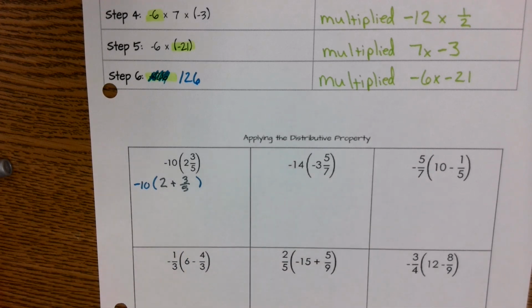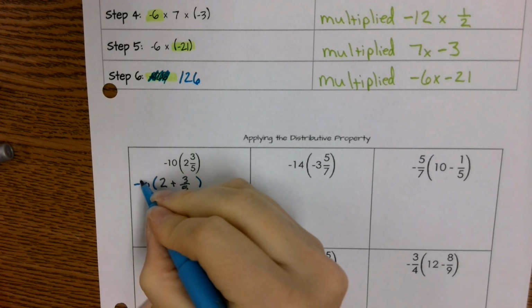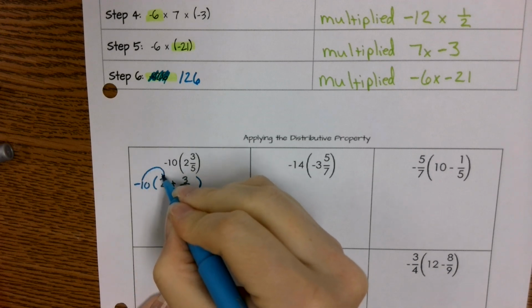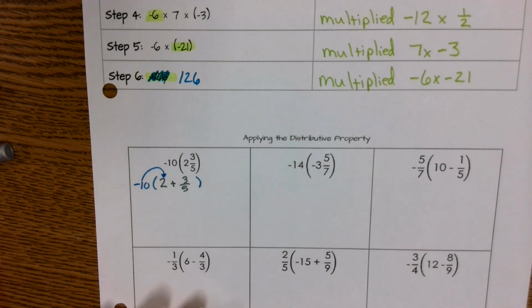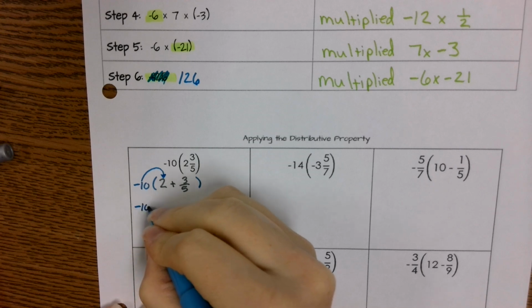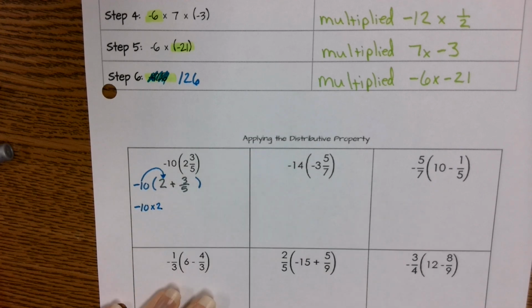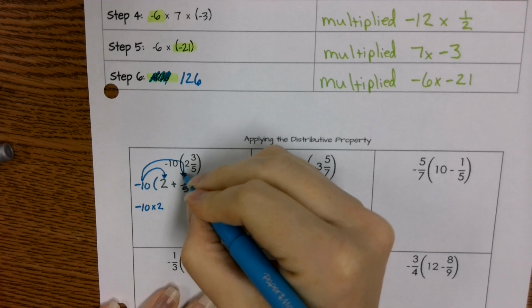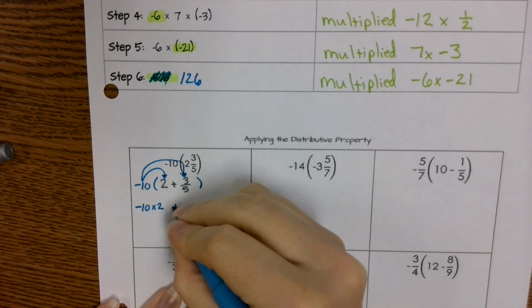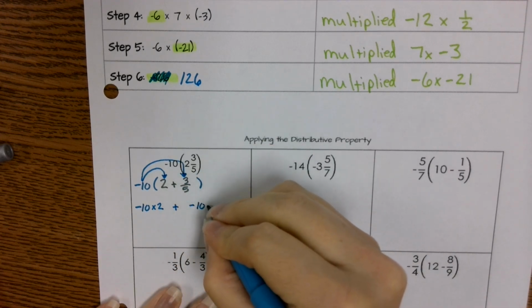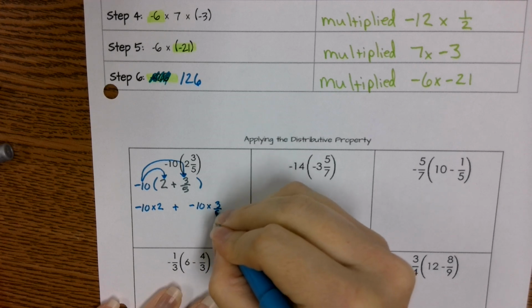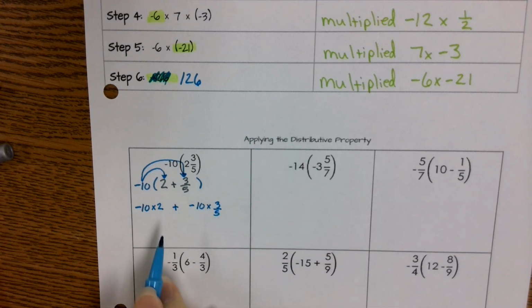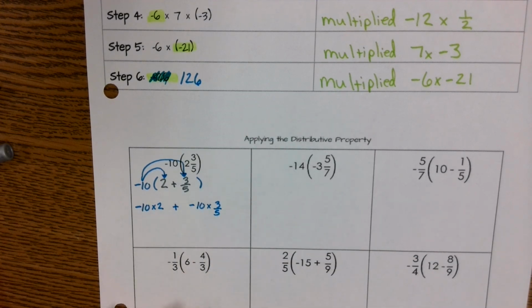What distributive property states is that I can take this negative 10 and multiply it to the 2. So I can do negative 10 times 2, and I can also do negative 10 times the 3/5. What is negative 10 times 2 going to give us?